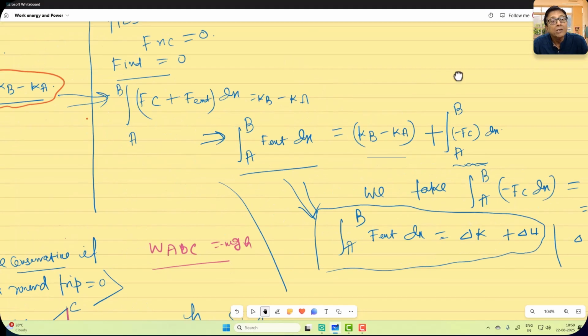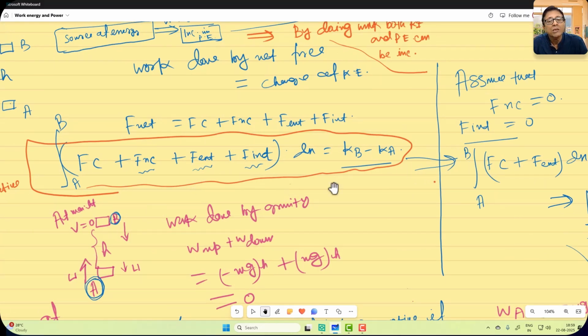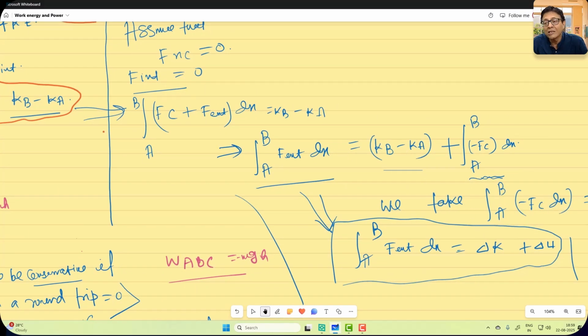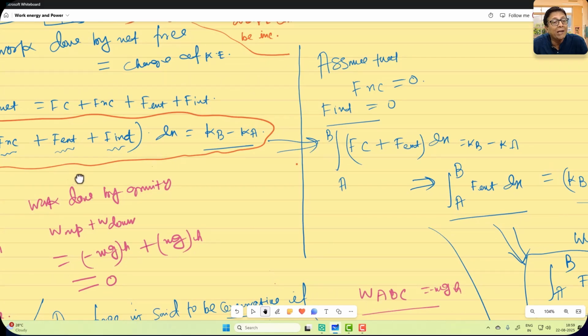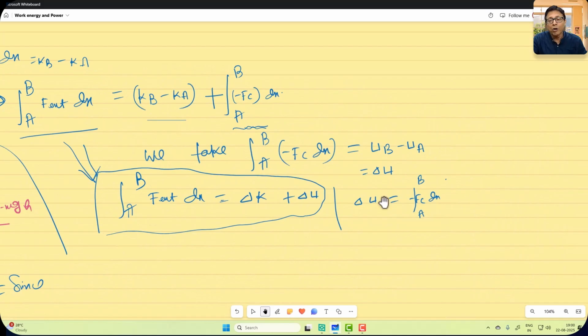Now tell me one thing. I have introduced the concept of this potential energy, change of potential energy, from where? By putting non-conservative force and internal force 0. Internal force, why 0? That is easily understood. But non-conservative 0, if we don't put non-conservative 0, we cannot use the concept of potential energy.